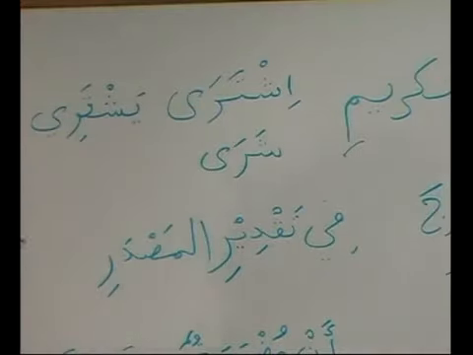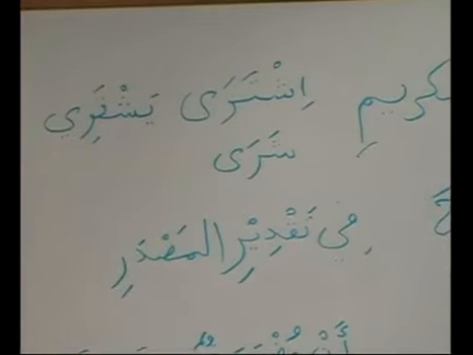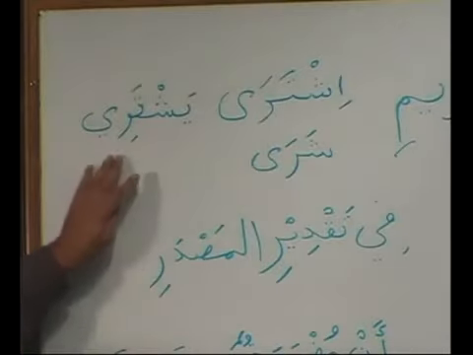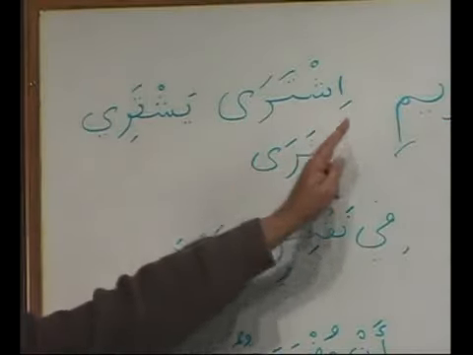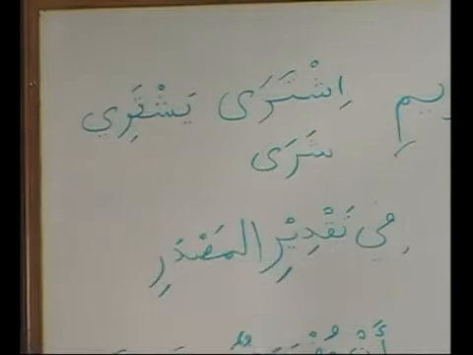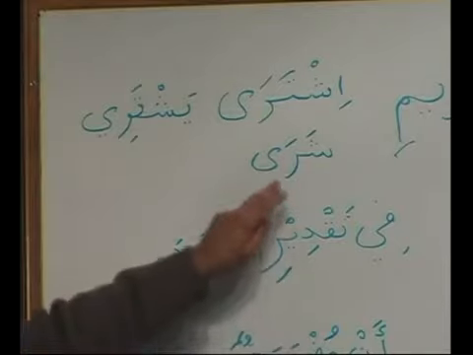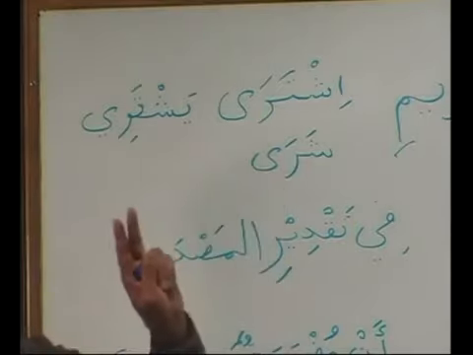Are you with me? Ishtara yashtari. You got it? Okay, brothers and sisters. Now you have to understand one more thing. What is the root here? Shara. So where is fa kalima? Sheen. Where is ain kalima? Ra. And where is lam kalima? Ya. It is alif, but it is actually ya.